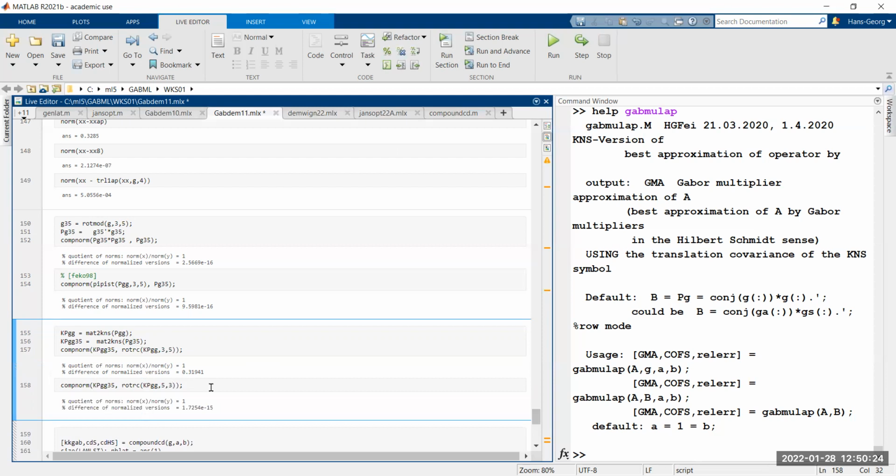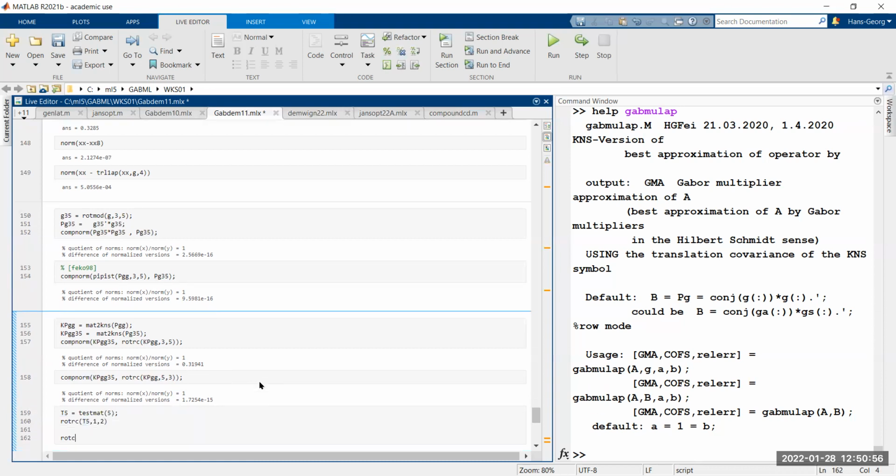Well, it's really the question, what does it mean to rotate rows and columns? Are you rotating the rows and changing the order of the rows, or are you rotating within each row? So maybe we try to do this. The standard example is the test matrix of size 5. And if you want to rotate rows and columns of this matrix by 1 and 2, we will see what it does. Rotate column rows, I think, also exists.